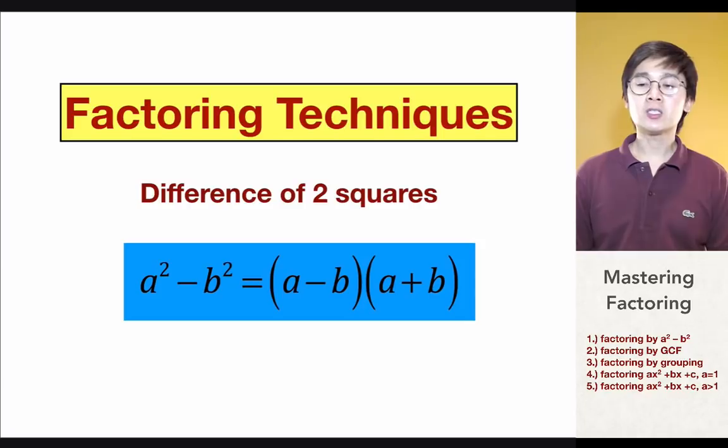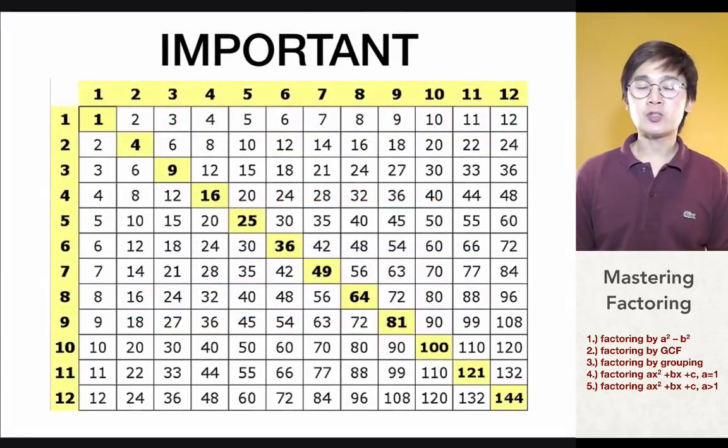Now, to be able to understand factoring better, you really need to invest some time on mastering the times table or the multiplication table, because if you can visualize your multiplication table easily, then factoring will not be that frustrating.